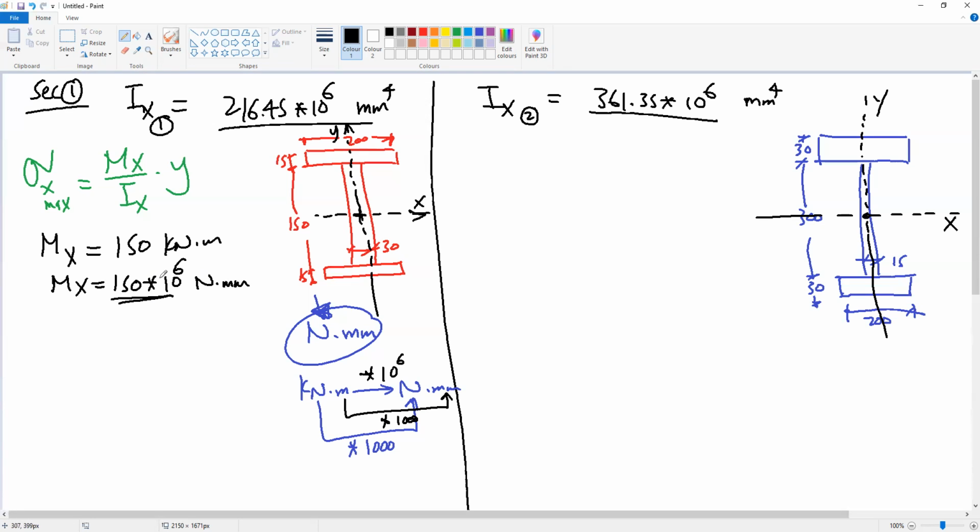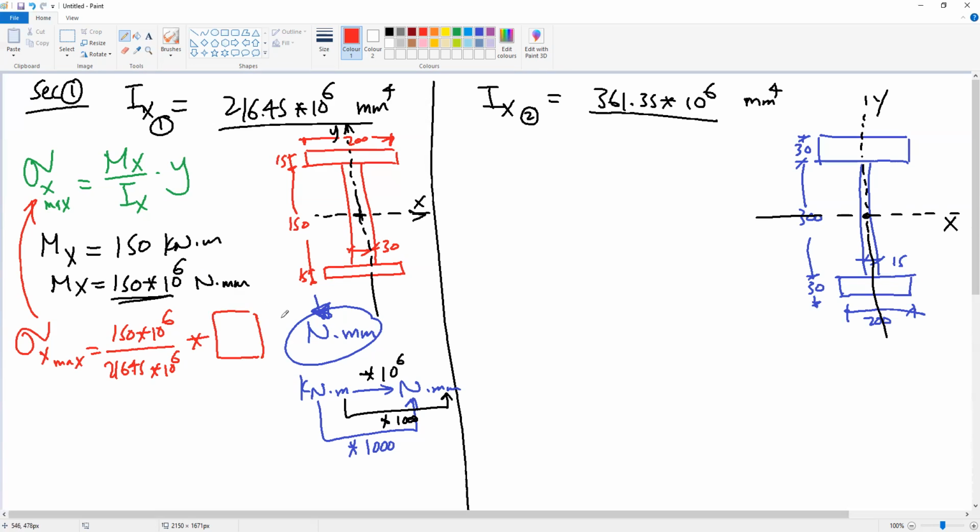Okay. So now, if we substitute in this equation, sigma x max equal to Mx, 150 times 10 to the power 6, divided by 216.45 times 10 to the power 6 times y.